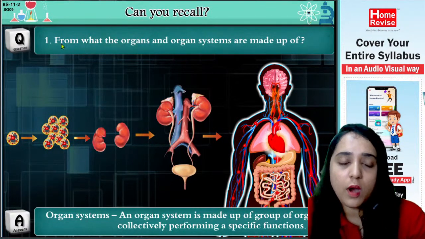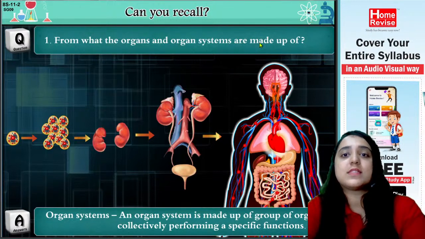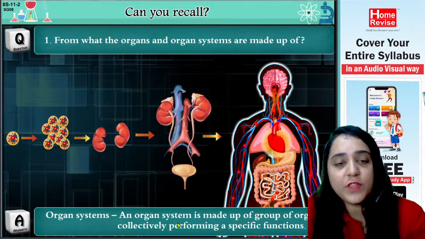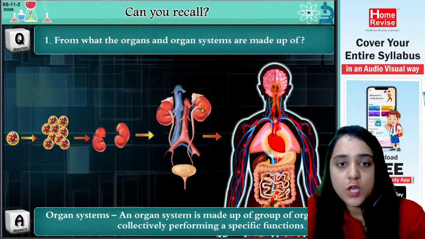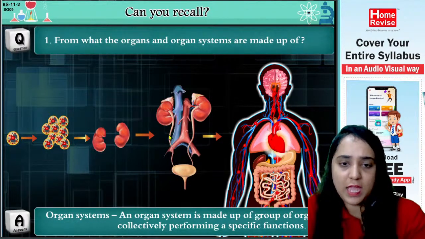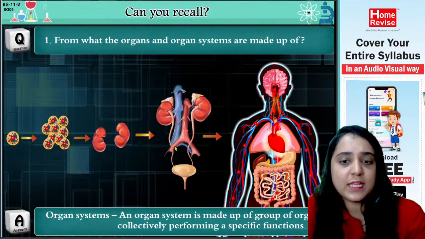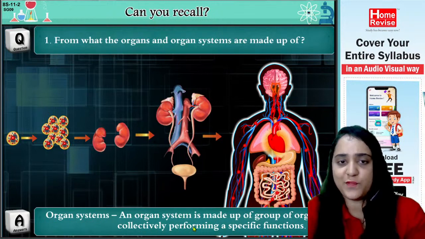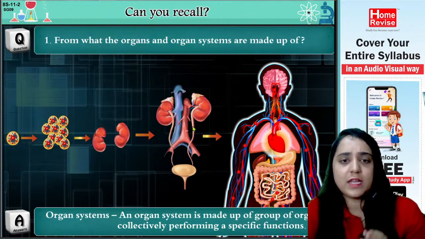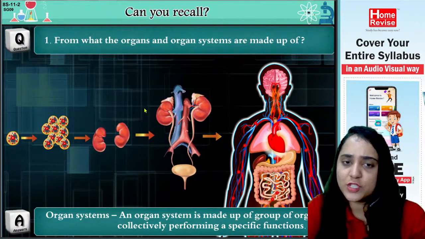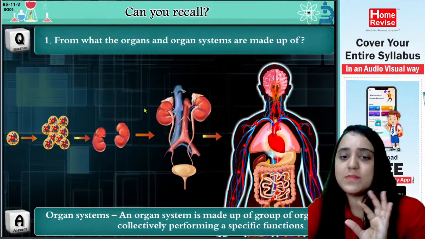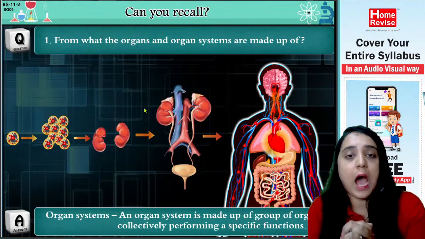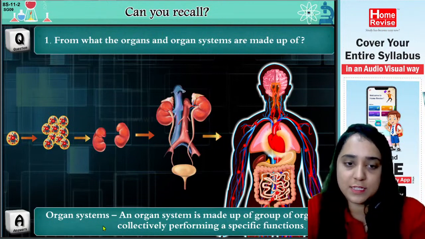Now from what is the organ system made up of? The organ system is made up of a group of organs. See, this is one organ. So when you have all the organs together, it is basically the group of the organs collectively performing their specific function. Each organ performs its specific function, and all the group of the organs together are called the organ system.